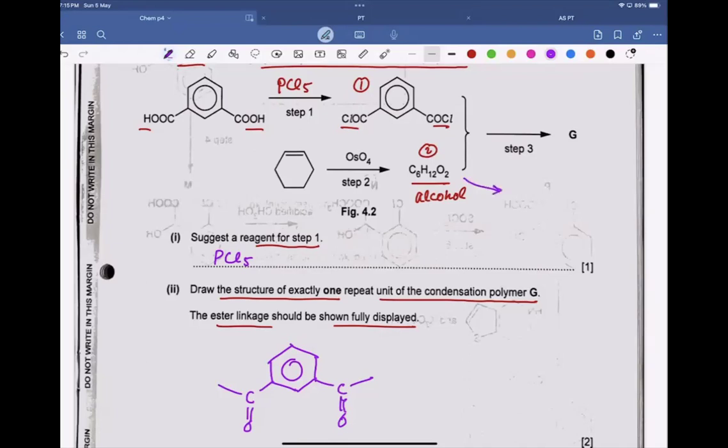Okay, now it's C6H12O2, right? So let's suppose CH2. Okay, and see, by reacting this, there is a double bond, so this structure would be this only, OH and OH.